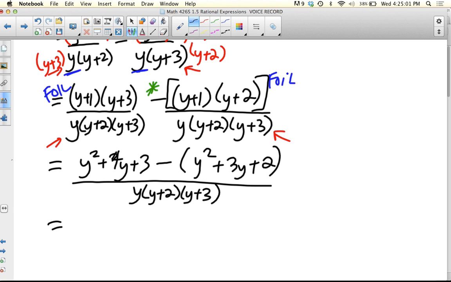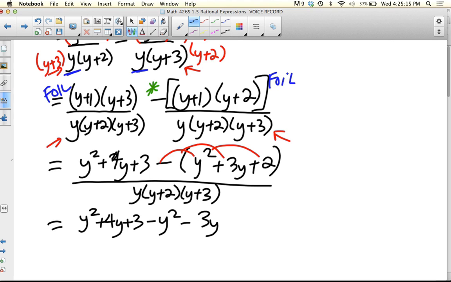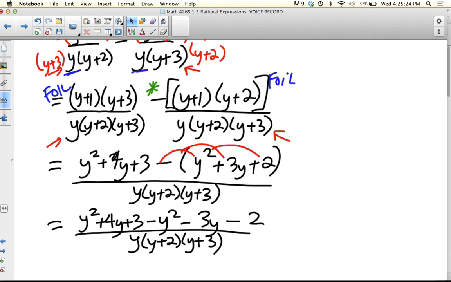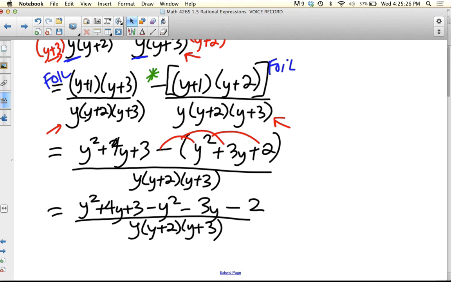And now we can subtract. y squared plus 4y plus 3, and this subtraction goes into each of those terms: minus y squared, minus 3y, minus 2, all over our common denominator. And then we can now simplify.